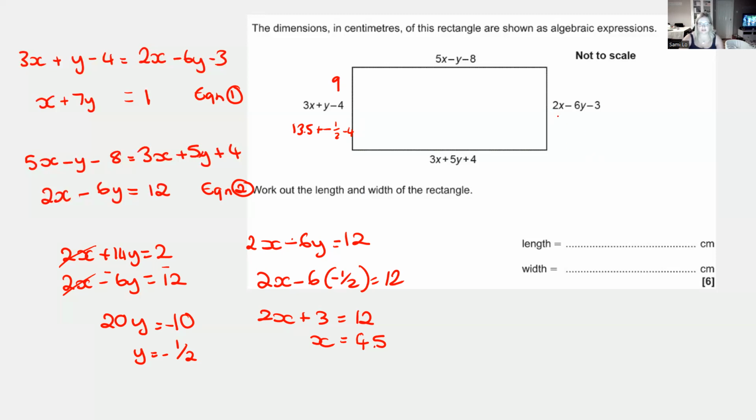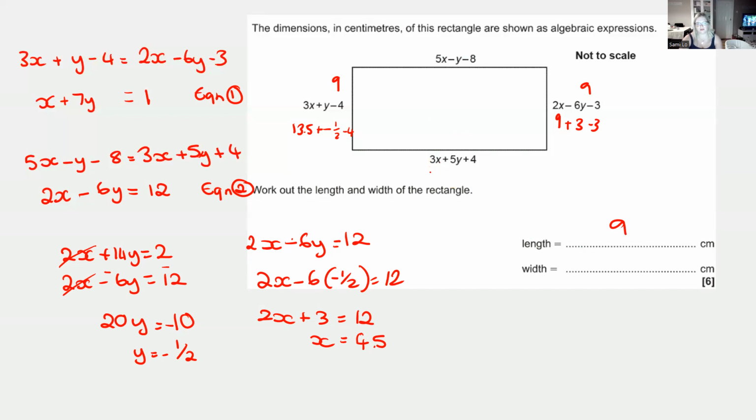So I'm going to say it's 9, and you can double check on the other side. So if I checked on the other side, it would be like 9. And then we got minus a half times 6, which gives me plus 3, minus 3, which also gives me 9. So that makes me happy there. So I know both those done. Now I'm going to check on the next one.